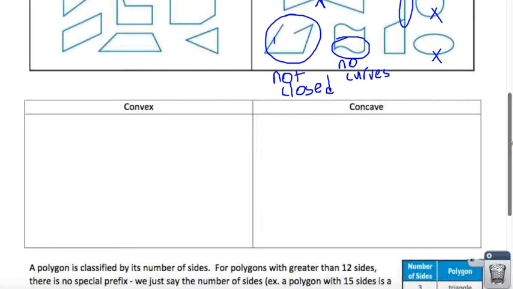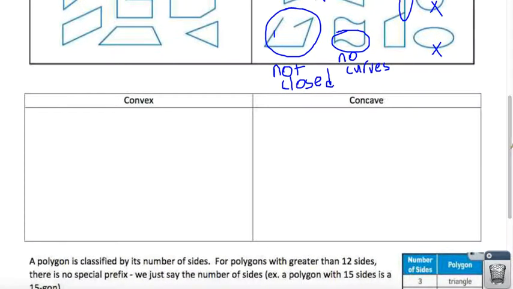So a polygon can either be convex or concave. Convex polygon, so we'll draw a triangle. A convex polygon, if you extend the line segments, then it won't cross any other part of the polygon.